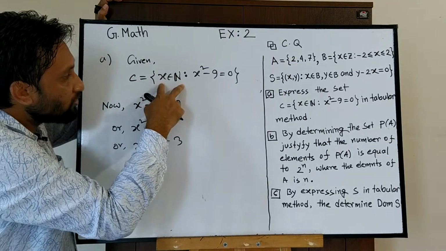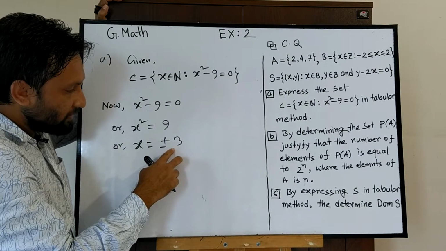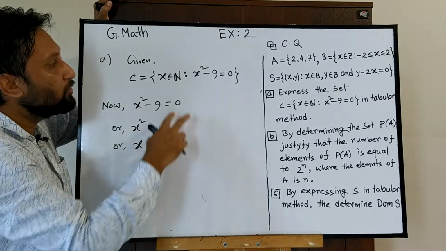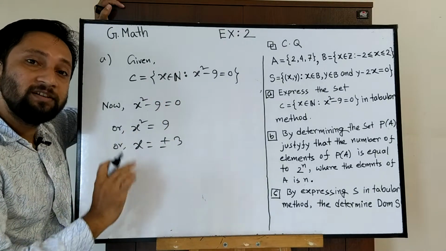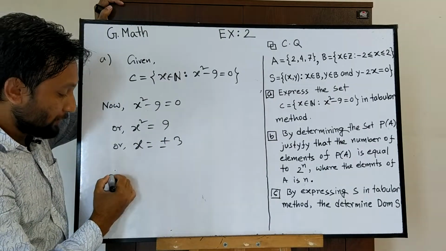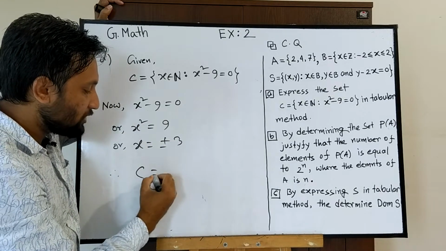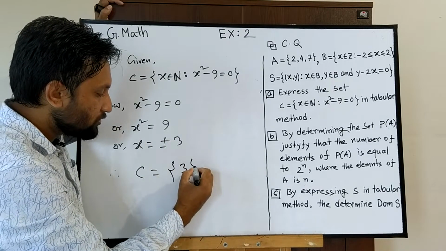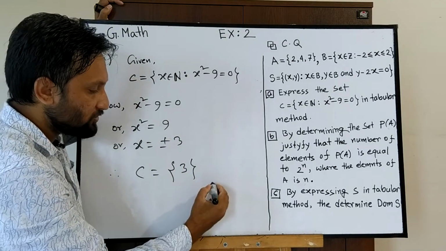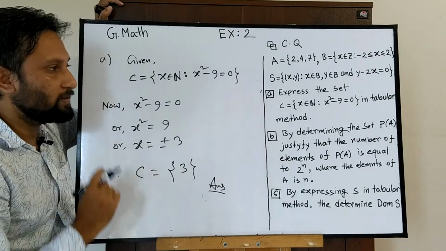But in this condition, x is an element of the natural numbers, and the negative value is not acceptable because we know that the natural numbers are all positive integers. That means the only element of C is positive 3. So C is a set of one single element, and that is 3. This is the answer. I hope everybody is clear.